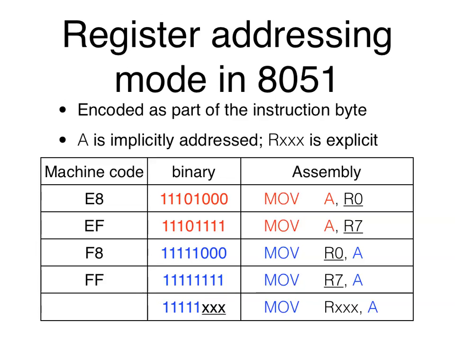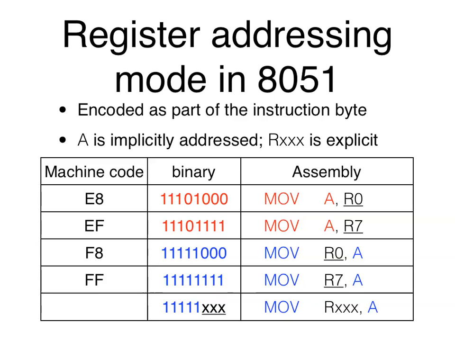Because that's what they have in common. So that's the 11101. And then the last 3 bits are for your register code, right? Because R0 through R7 takes 3 bits to represent. So as you can see, the last 3 digits of that binary, that's 000, correspond to R0. And the last 3 digits of the binary for the second one, that's 111, right? That's 7. Okay? So it packs things very tightly like that.